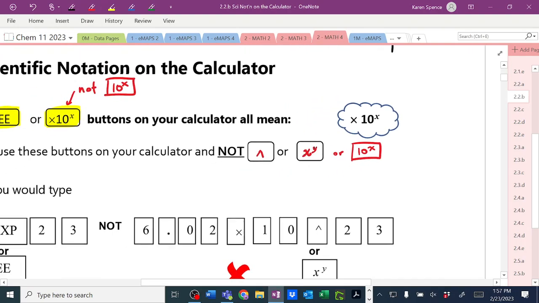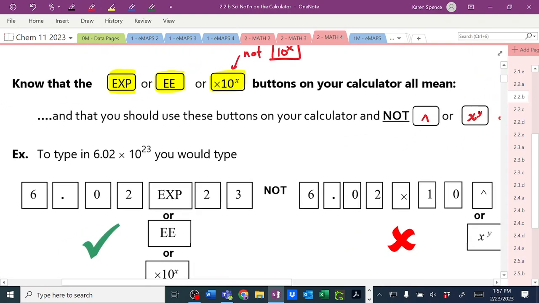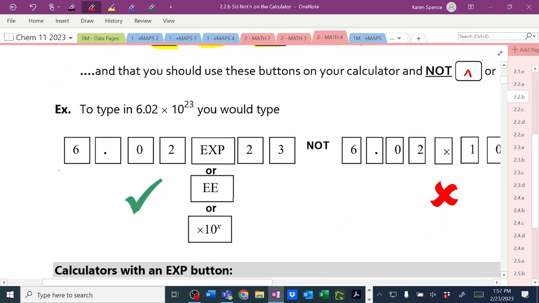So we are going to practice typing one thing in. You are going to type in 6.02, and then you're going to use whichever of these buttons your calculator has, and then 23. Does that work okay for you?